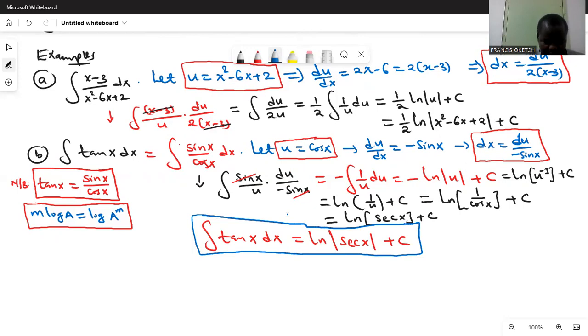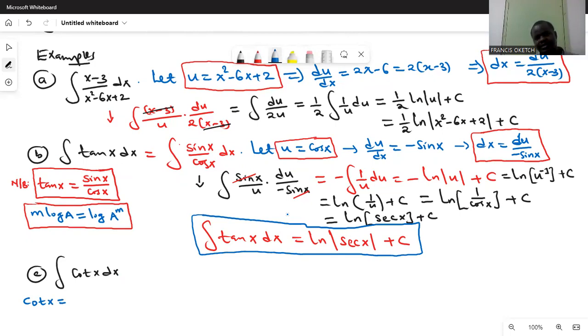We'll also look at the integral of cot x. Let me write it down. We want to integrate cot x with respect to x. So how do we go about this? You need to rewrite cot x. Remember that cot x is the same as 1 over tan x.